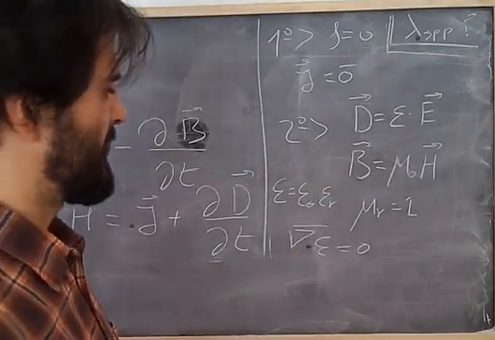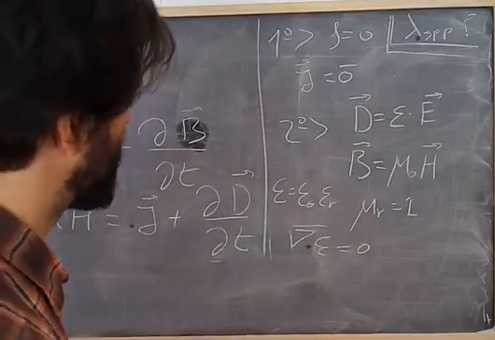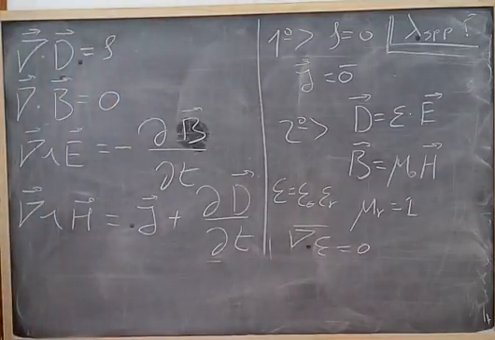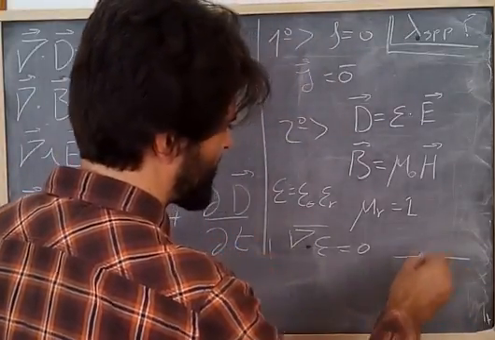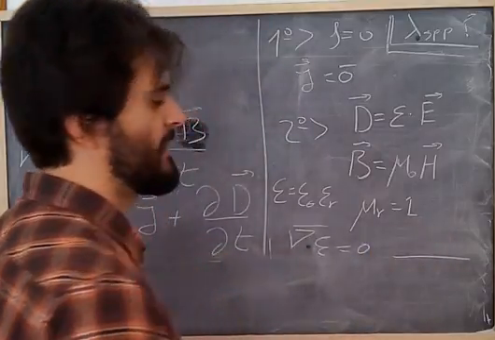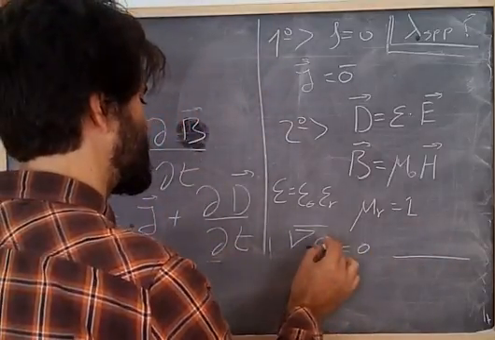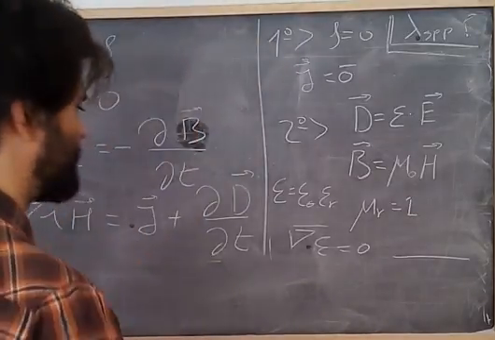It means that these parameters have the same value everywhere. And of course, we have two different values on both sides of the interface, but we will treat this discontinuity in this parameter by using boundary conditions.